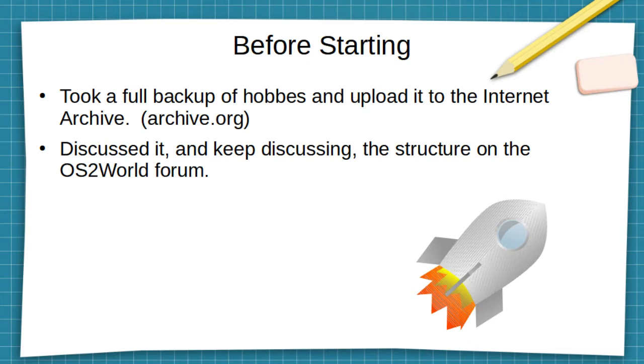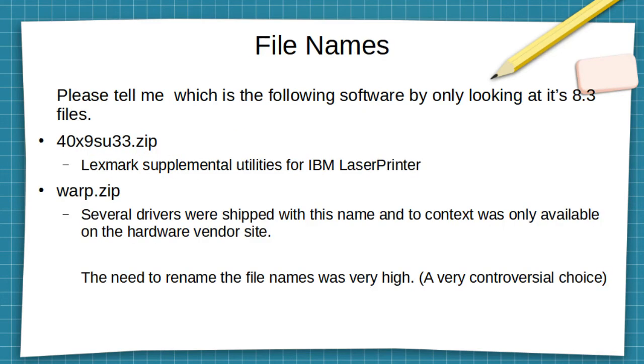I'm moving too fast. Before starting, one issue with Hobbes was the file names. Just by checking the file name, do you really know that this file is the Lexmark supplement utilities for an IBM laser printer? Many manufacturers that make drivers also just send the drivers as warp.zip.